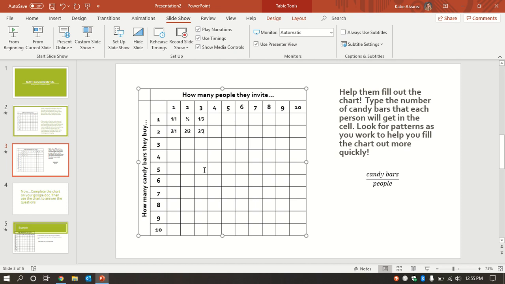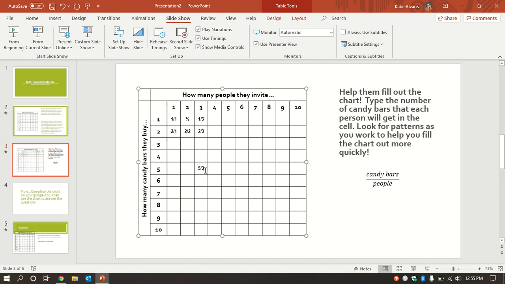I'm going to jump to a random box in here. Let's say they bought 5 candy bars and invited 3 people. So we have 5 candy bars and 3 people. That means each person gets 5/3 candy bars.